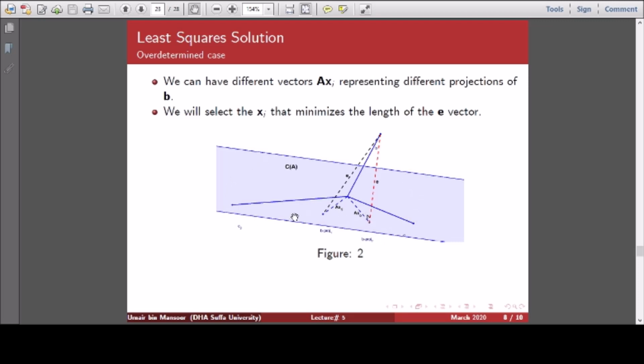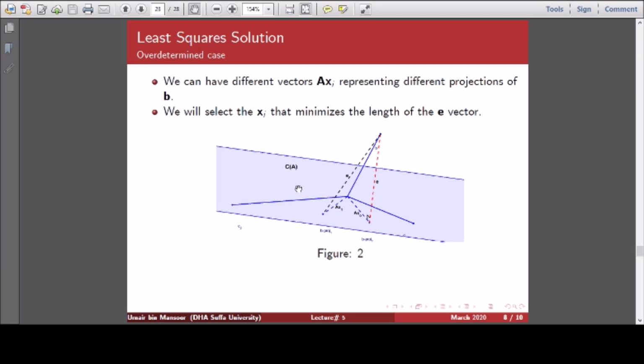Now, what is the least square solution? The least square solution is actually the vector Ax and its minimum distance from b. We have to select this vector e.